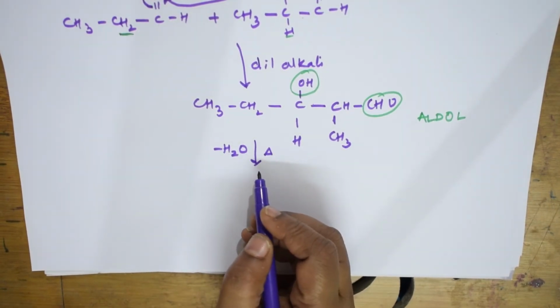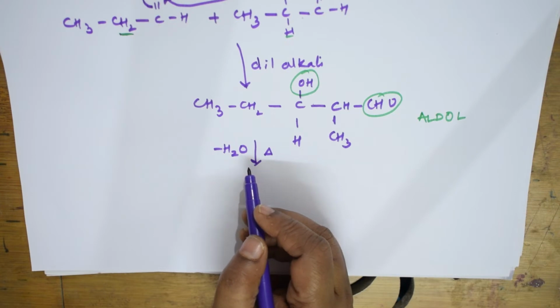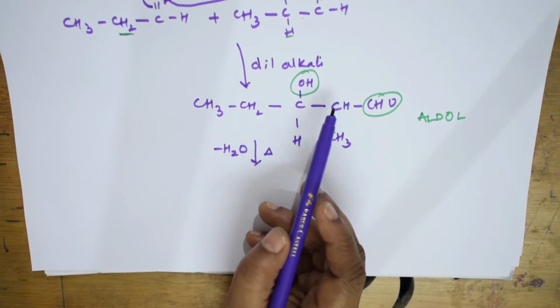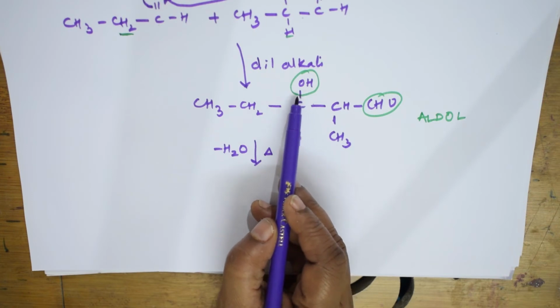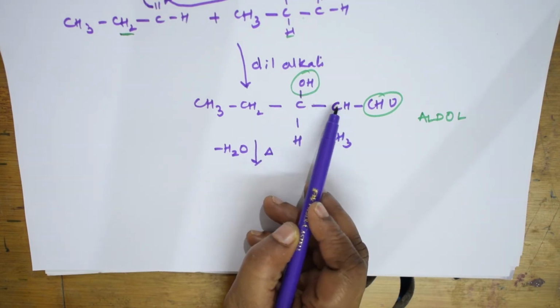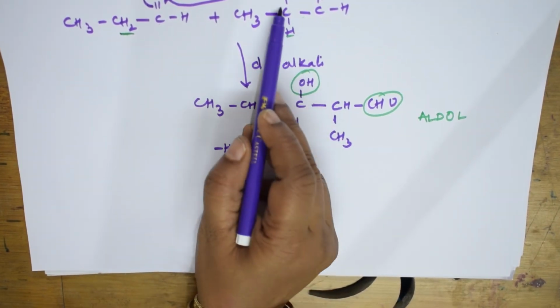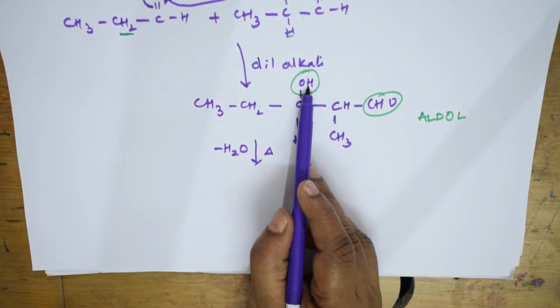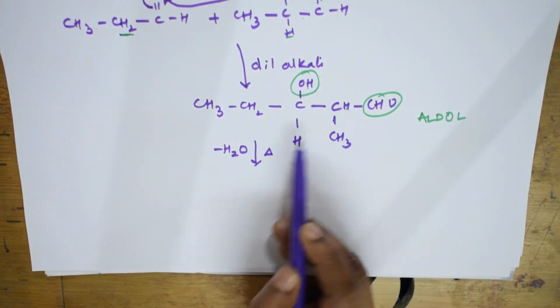How are we going to take it out? From where? Just see, simple. So, see, students. OH here, H here. Whichever carbon the hydrogen has shifted from, OH from here and H from here is eliminated.